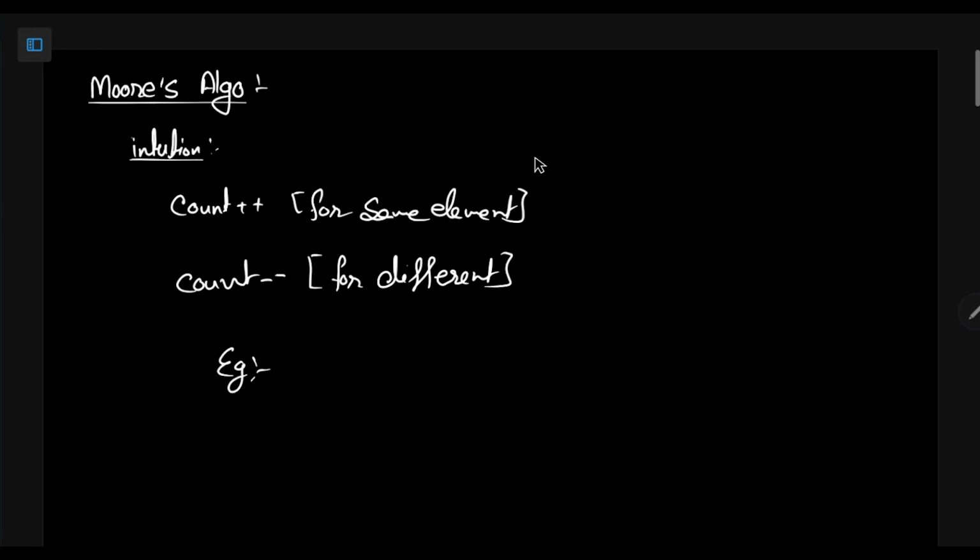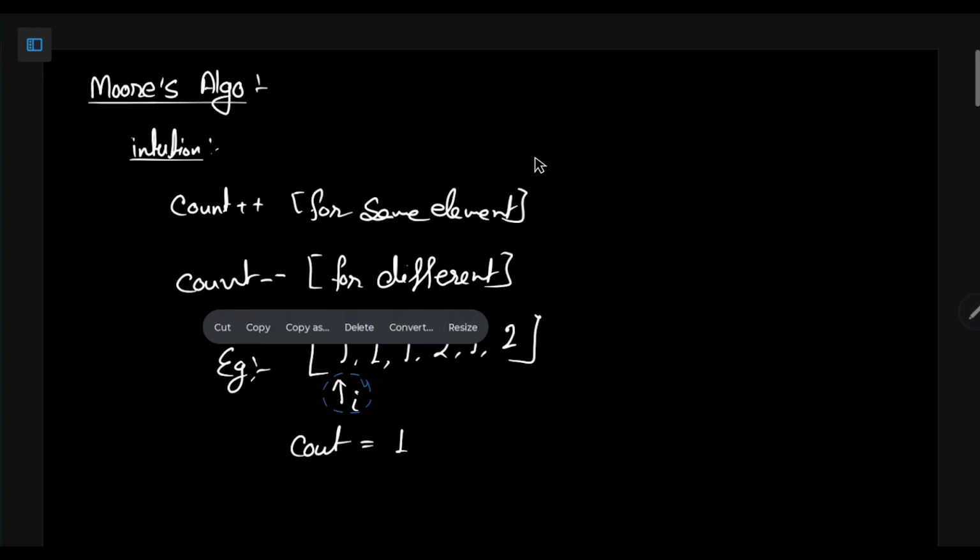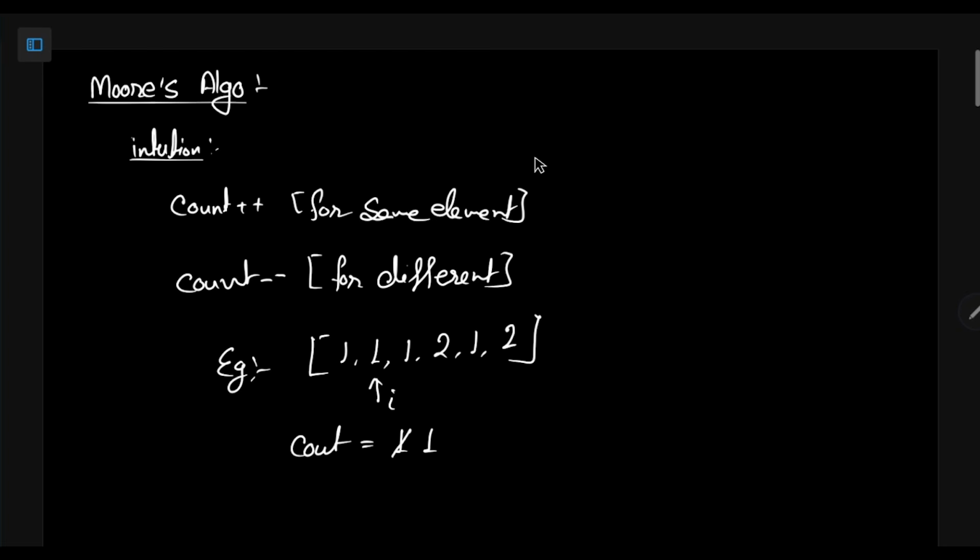Let's understand with an example. For example, this is our array 1 1 1 2 1 2. This is our example, and at first for this index our count is 1. When we shift this, our count will be increased by 1 because this is the same element.